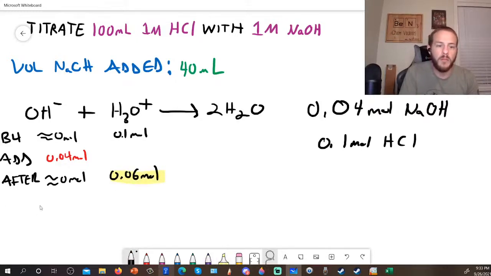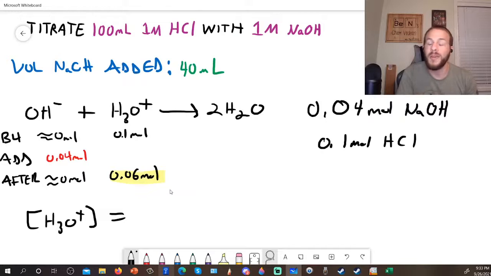And of course, we need to convert the amount of hydronium ion in moles into a concentration of hydronium ion by dividing by the total volume. So we have 0.06 moles of H3O+ divided by the total volume. What is our total volume? Well, it's going to be the 100 milliliters that we started with plus the 40 milliliters of solution that we added for a total of 140 milliliters, which is 0.14 liters, right?